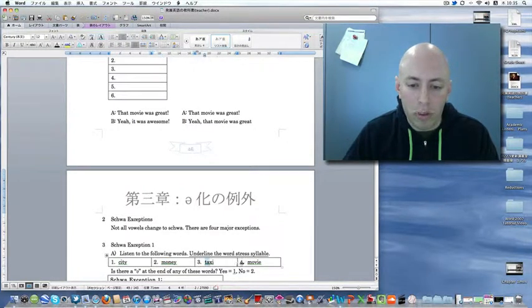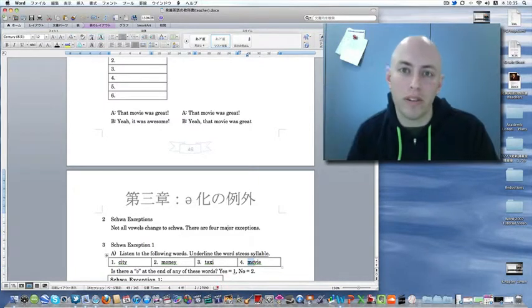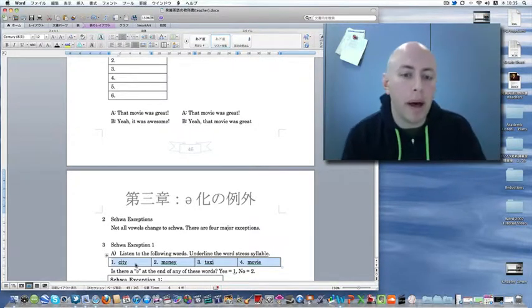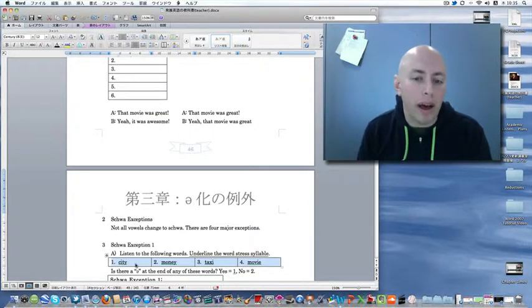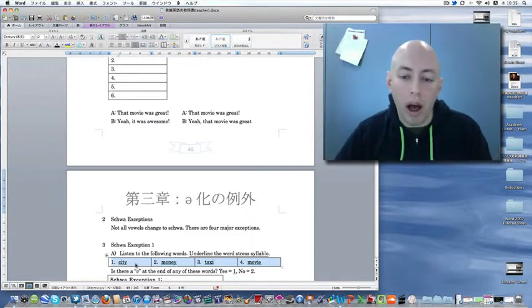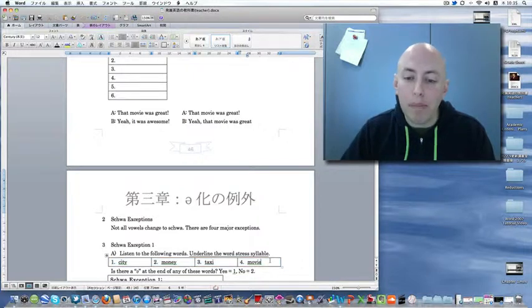So according to the rule I gave you last week, the schwa should be right next to the word stressed syllable. So we should say sita, mana, taxa, muva. But it's not. Here there is no schwa, and there's a reason why it doesn't happen.